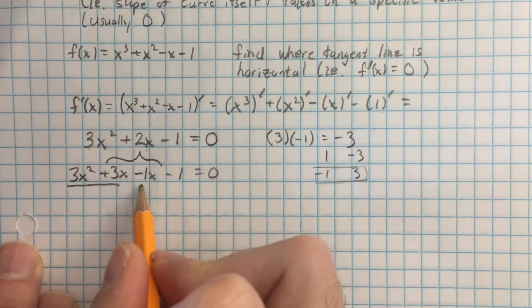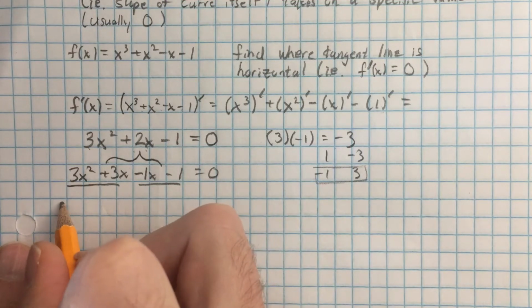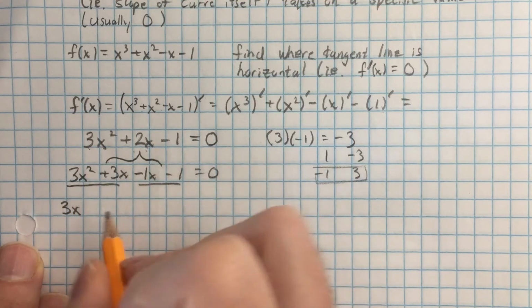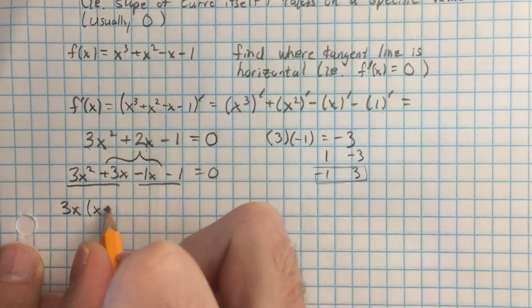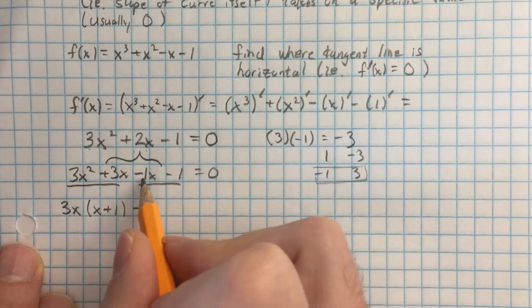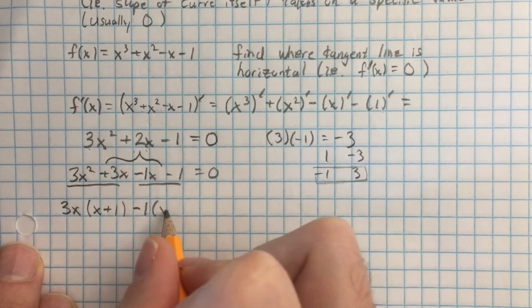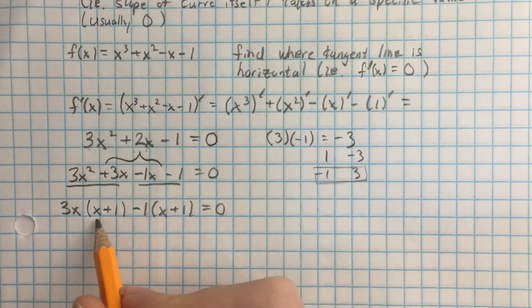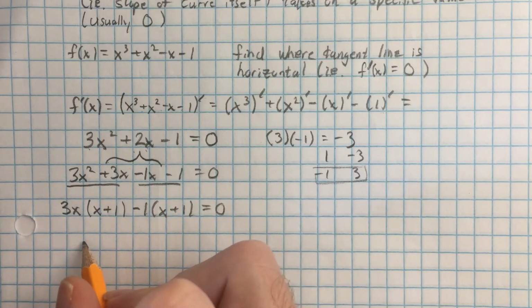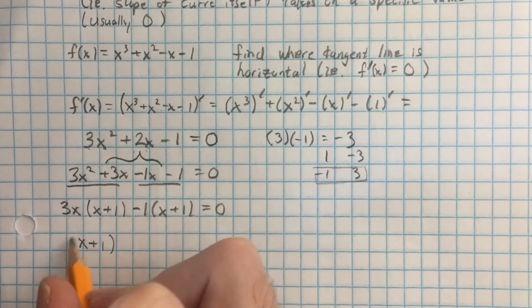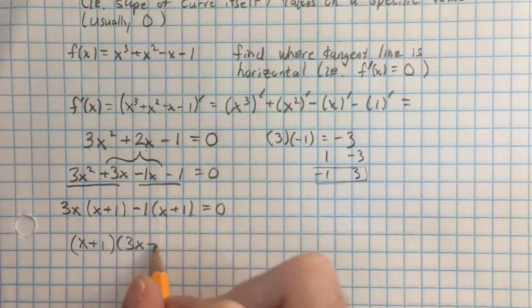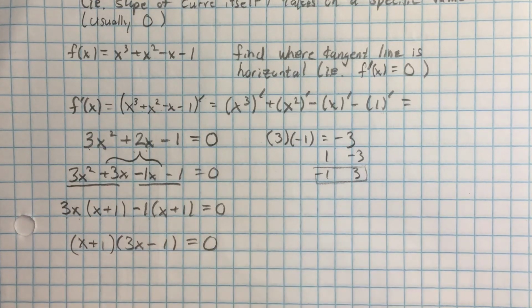And now we'll group them. And then we have 3x in common between these two terms. So we're left with x plus 1. We have negative 1 in common with these two terms. We're left also with x plus 1, which is the queue we're looking for. To factor off the x plus 1 from each of the remaining two terms, we now have x plus 1 times the 3x minus 1 residual equaling 0.